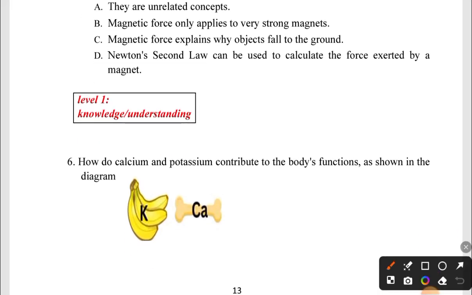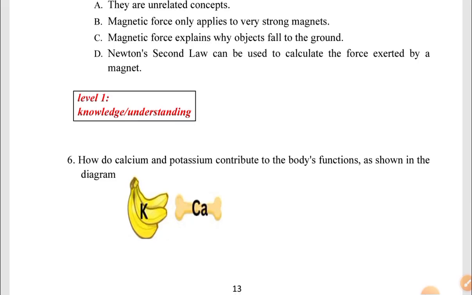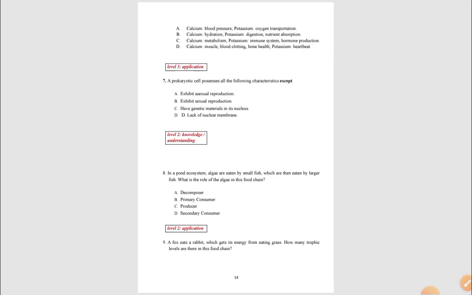Question 6. How do calcium and potassium contribute to the body's functions as shown in the diagram? So to the next page. Having in mind, we are dealing with a banana and a bone. Banana giving us potassium, the bone giving us calcium.